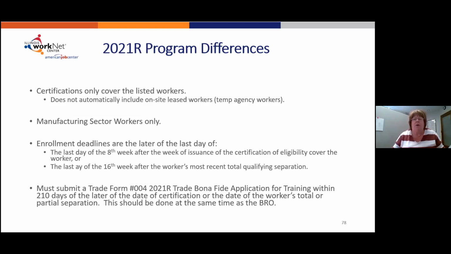So when you're doing those credentials, please keep that in mind and work on trying to get those credentials. Part of the release of information that the participant signs should include the ability for you to contact the training institution to obtain copies of those credentials.